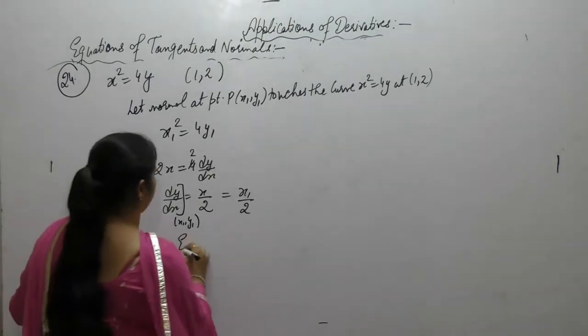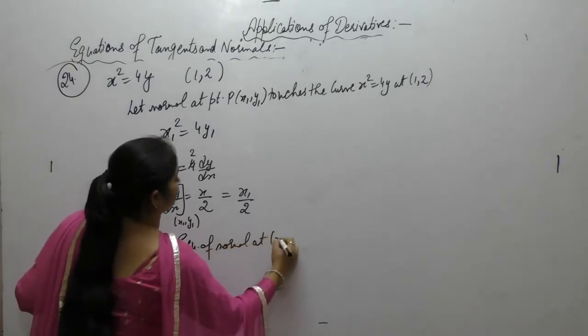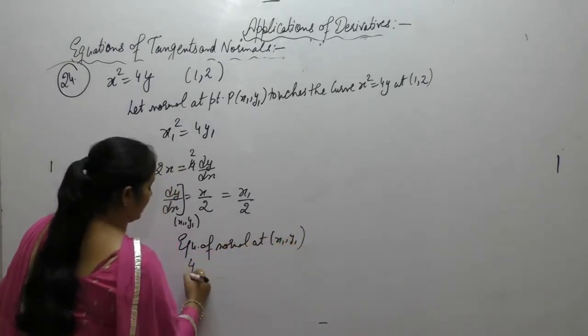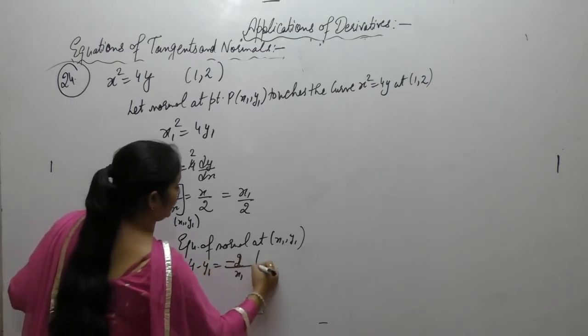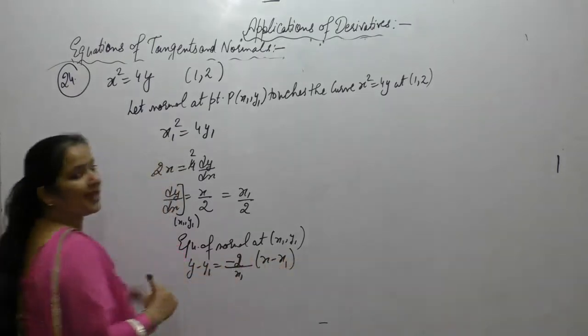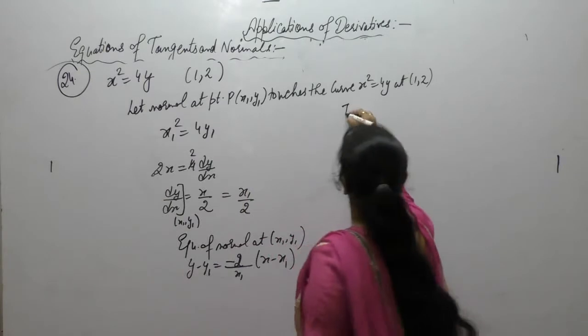Now the equation of normal at point x1, y1 is y minus y1 equals minus 1 upon slope of tangent times x minus x1. Now it passes through point 1, 2.